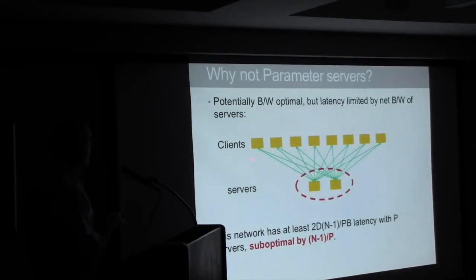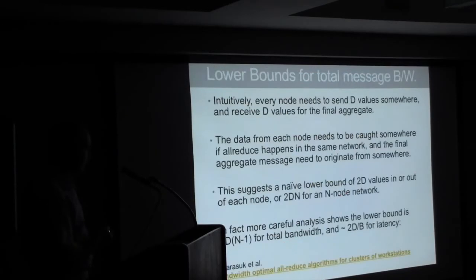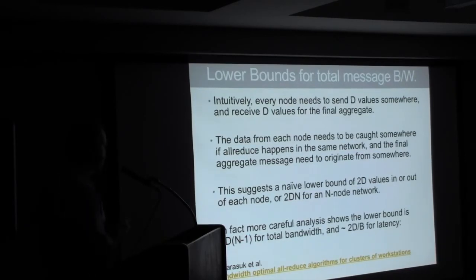All right, so why wouldn't you use a parameter server? Well, the trouble is that the total bandwidth, the total number of messages, has to be at least 2 times d, where d is the message size, total number of bits, times the number of workers. That's all got to go into the network.